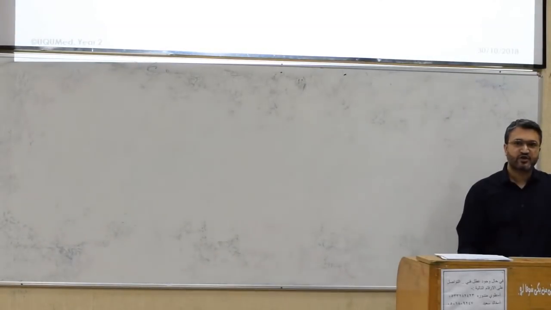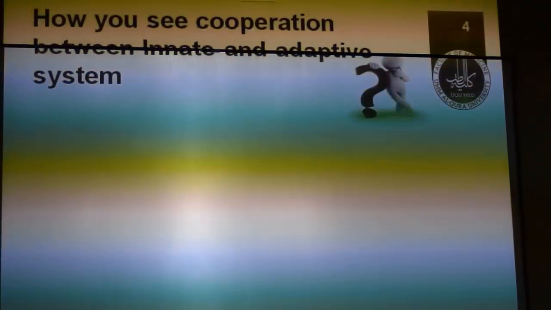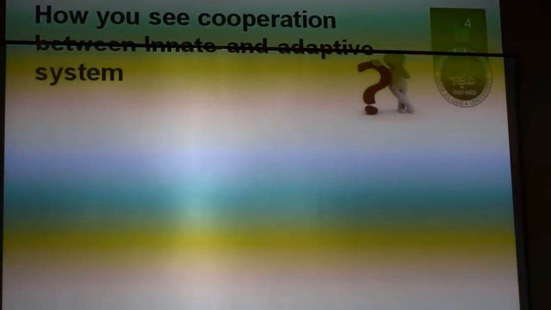Now, before going on to the session, there are 3 possible schemes or options about how the innate and adaptive immune system work together. How do you see that? I'll present all 3 to you, think about it, and then answer which one you think is the most appropriate.